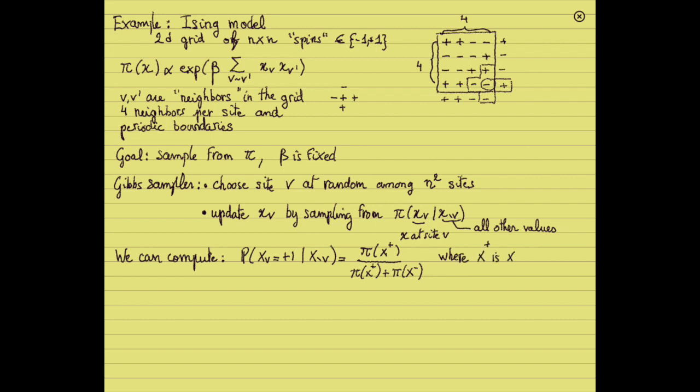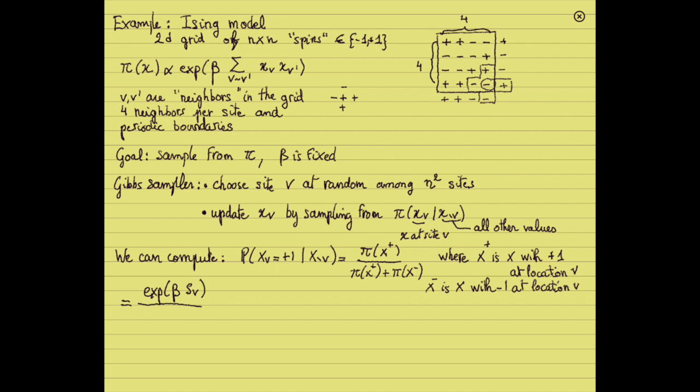So just notation for this particular site v, we write x plus to be x, except that xv is replaced by plus 1, and x minus is like x everywhere except at location v, where we put a minus 1. So of course, it's very easy to sample xv by computing this probability and just sampling a Bernoulli random variable.